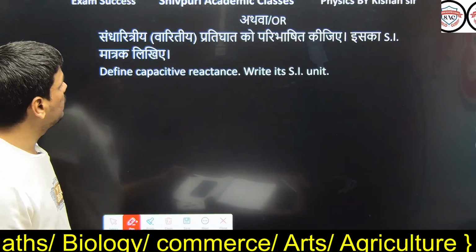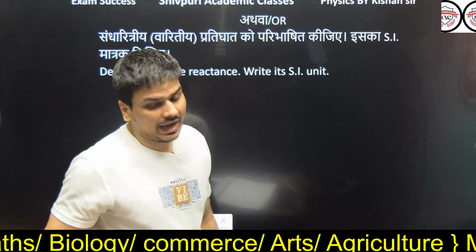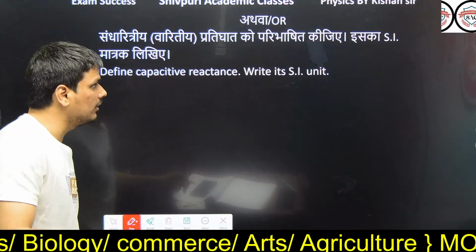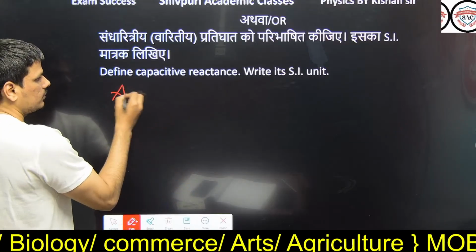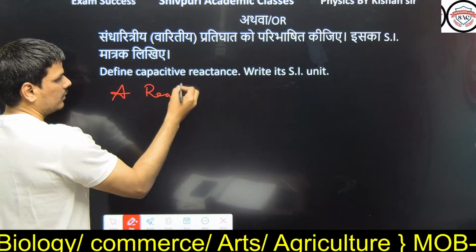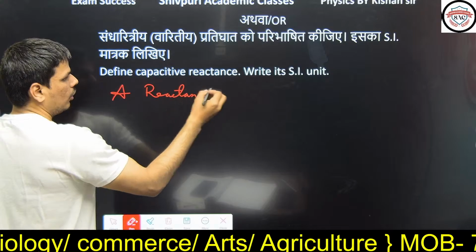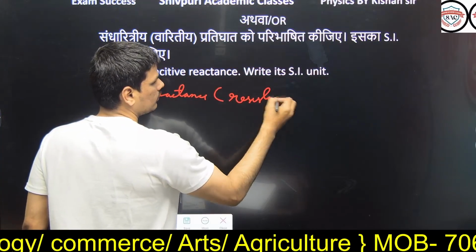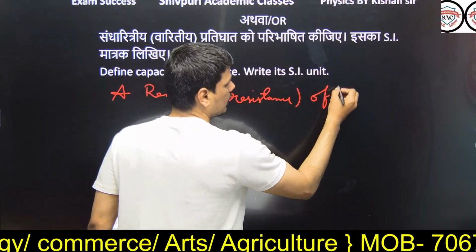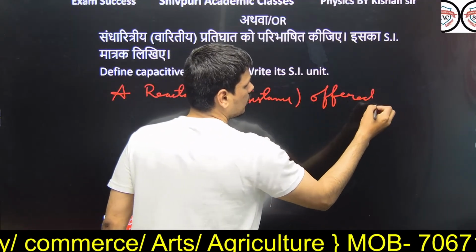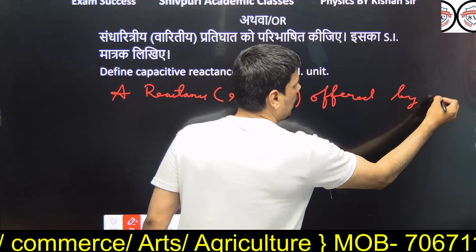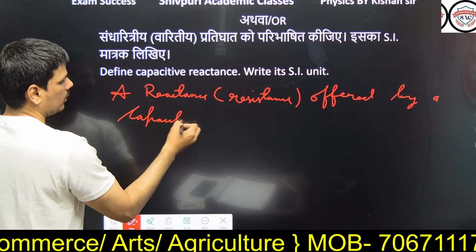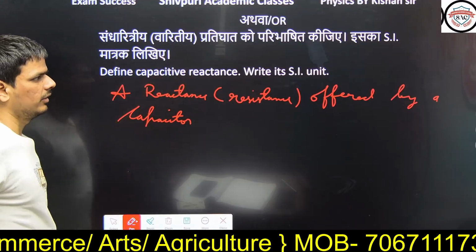Now the question is: define capacitive reactance and write its SI unit. So for capacitive reactance, the reactance, or we could say resistance, offered by a capacitor is called capacitive reactance.